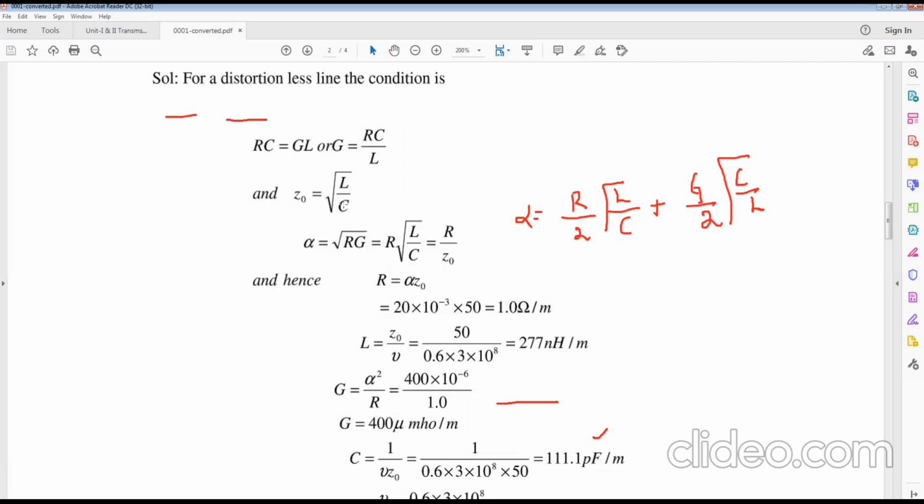R and z, don't confuse here, under root of r and g.